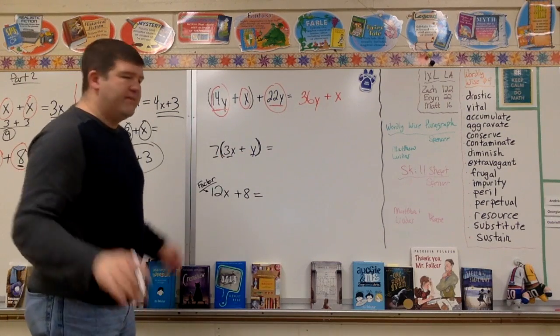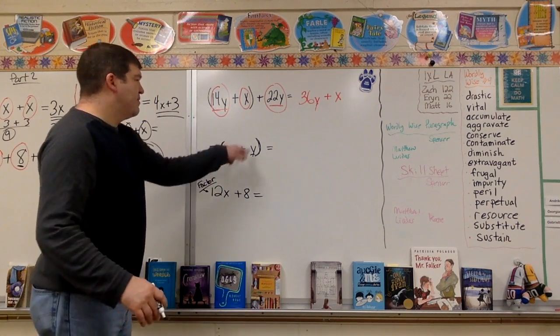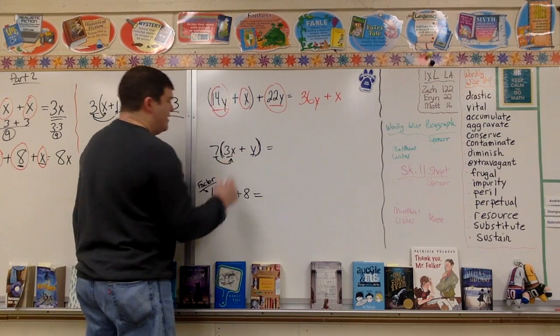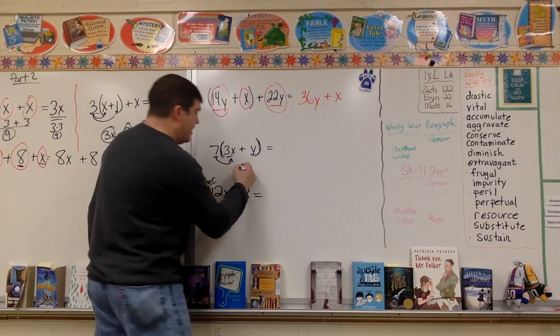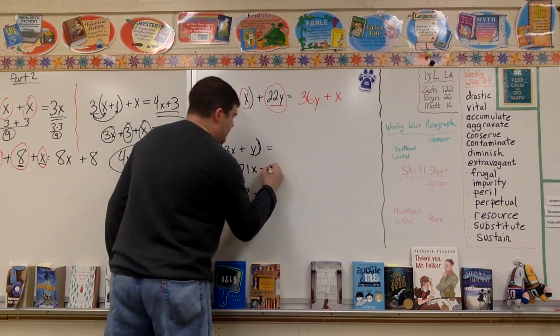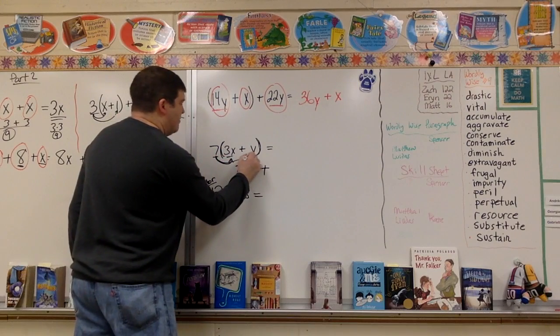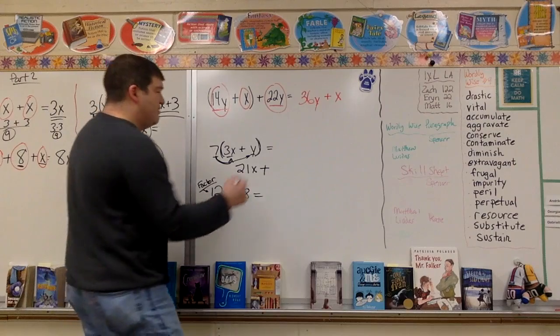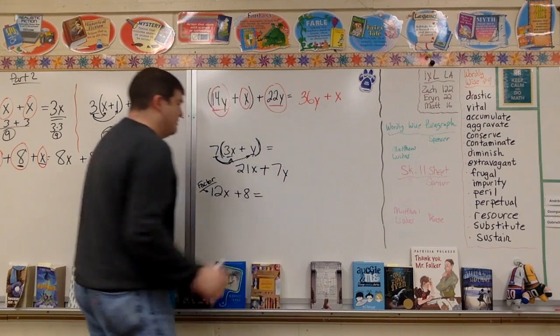Not like. Okay, so I can't put those together, so now I'm just going to distribute the 7 to each side. 7 times 3x gives me 21 x's plus 7 times 1y, or 7 times y, is just going to give me 7 y's.